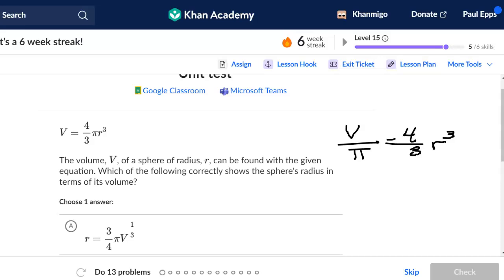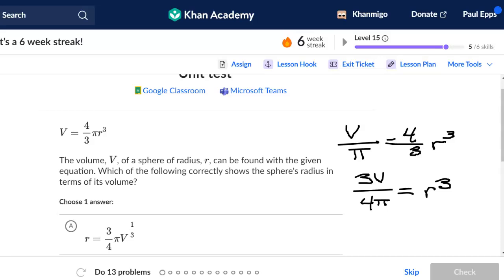going to get 3V over 4 pi equals r cubed. All right, now to solve for r, we've got to take the cube root of both sides.